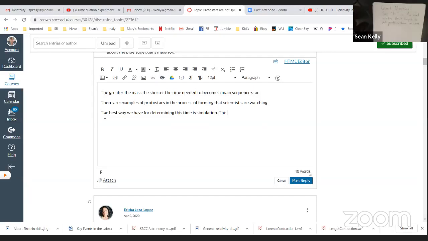And why? The time scales are huge compared to human lives, right? So the length of time we've been watching is very short compared to the length of time needed for a cloud to collapse and form a protostar. It can take as little as 100,000 years, maybe.